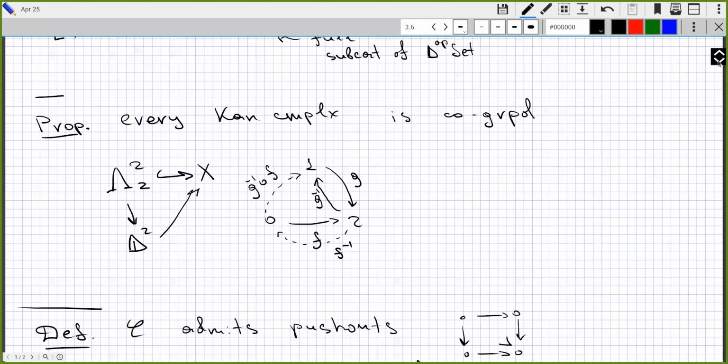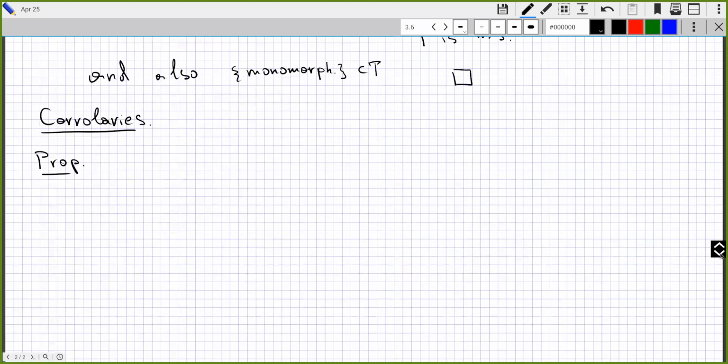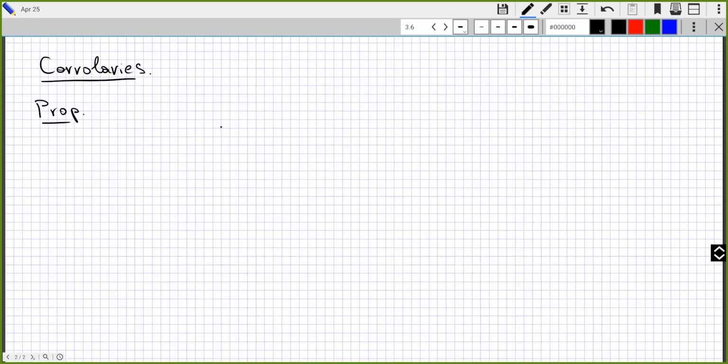But the other direction is not so easy, and essentially we need to develop a model category kind of thing to proceed. And let me draw something like this.